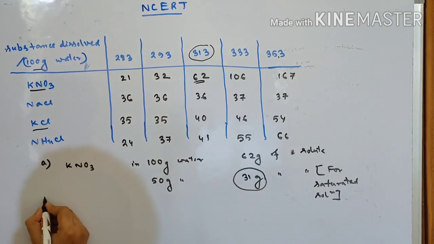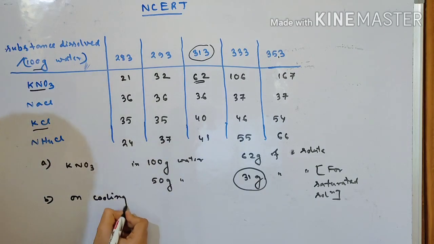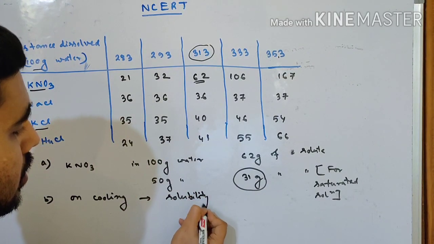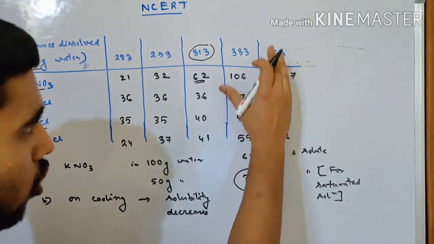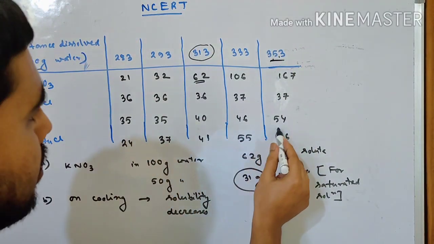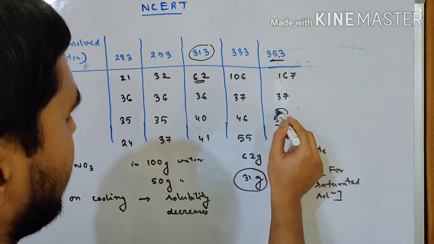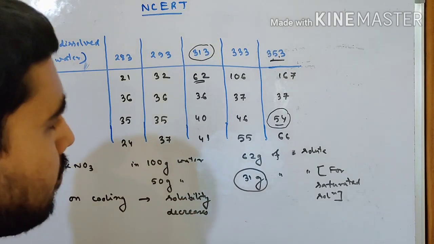So obviously in the second case, on cooling, solubility decreases. If the solubility decreases, at this temperature for potassium chloride, she has made a saturated solution. That means she must have taken 54 gram of potassium chloride in 100 gram.